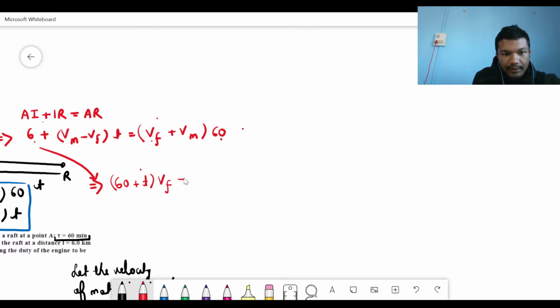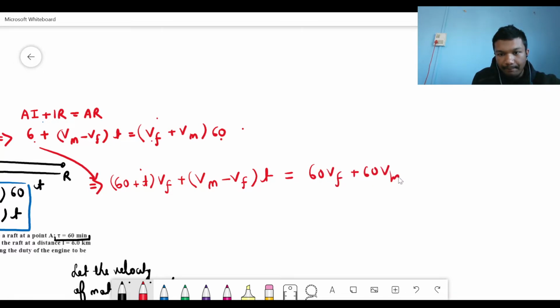VF plus VM minus VF into t is equal to 60 VF plus 60 VM.